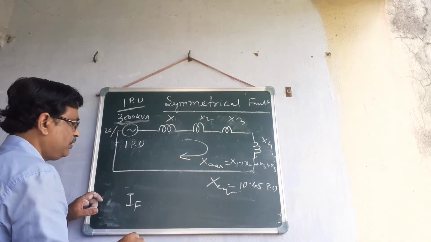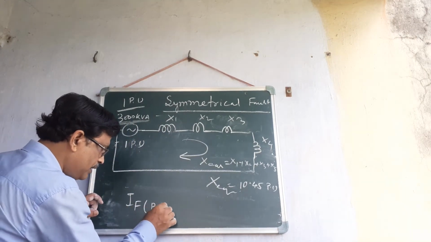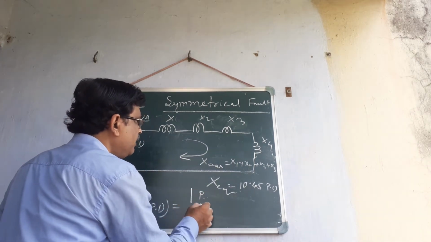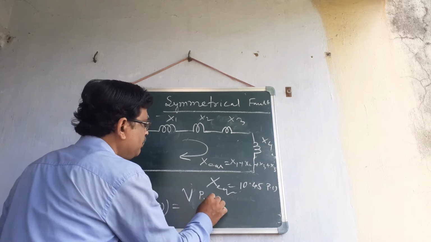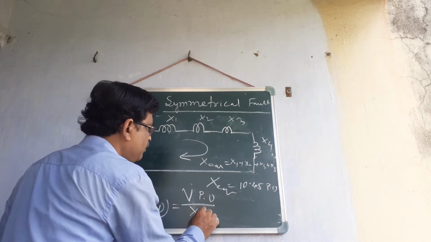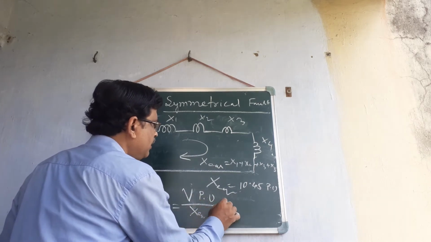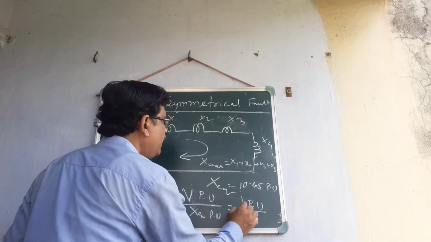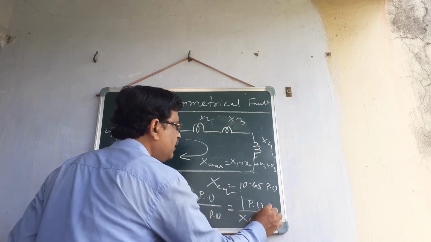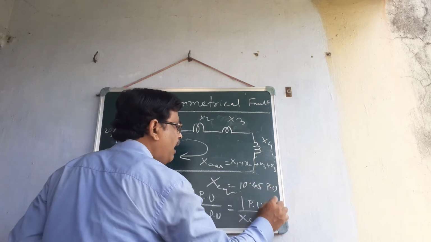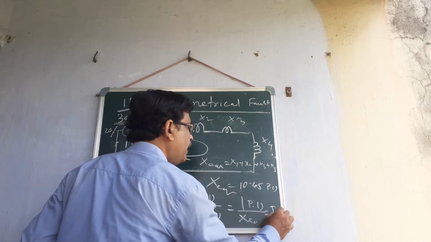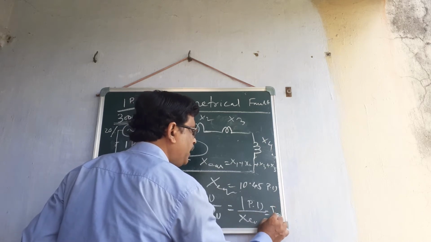I fault in per unit is obviously equal to 1 per unit voltage, V per unit, by X equivalent per unit. That means 1 per unit voltage by X equivalent. Then we will get the value of I fault in per unit.